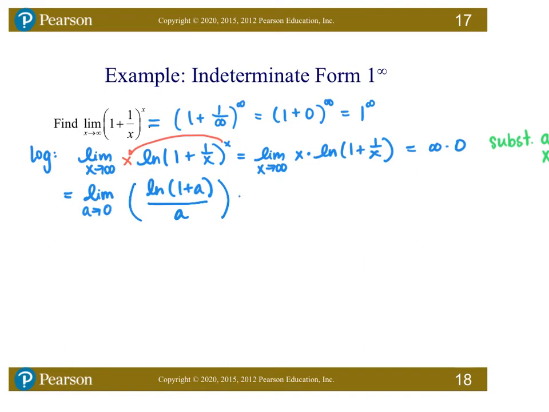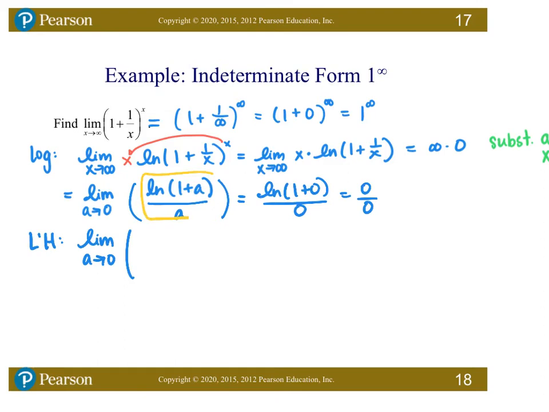Now I have an indeterminate form I can work with because I have the natural log of 1 plus 0 over 0, which is 0 over 0. So now I can apply L'Hopital. So this will become the limit as a approaches 0. And I want the derivative of my quotient.